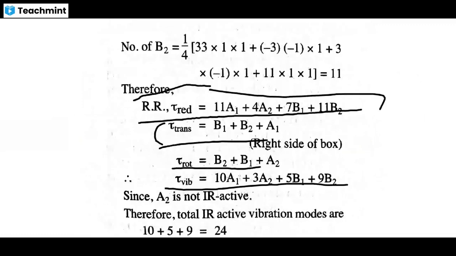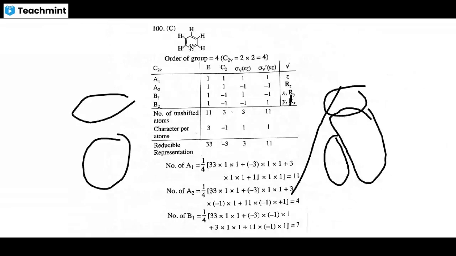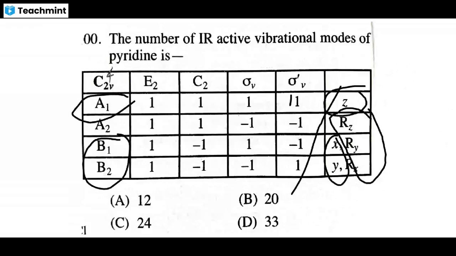So 10 plus 5 plus 9, that is 10, 19, 24. The answer is 24. So this is the formula. Then this is the concept for Raman active also. For Raman active, you see the x square, y square like that, binary system.